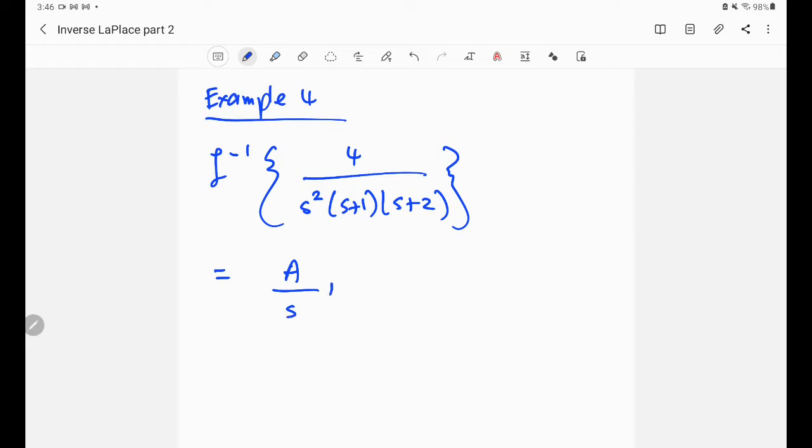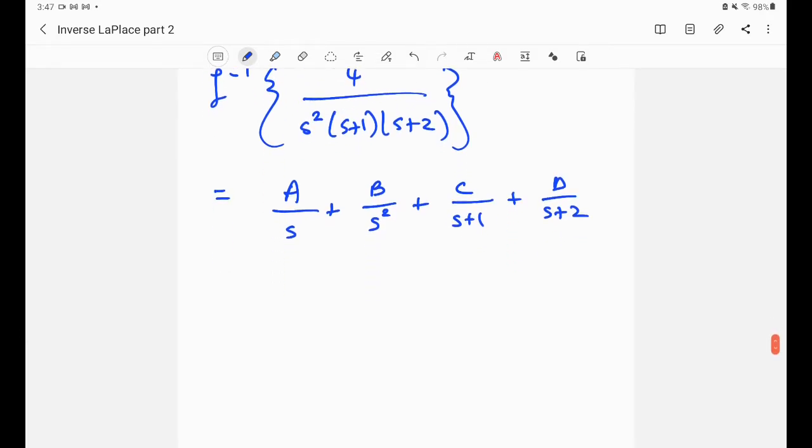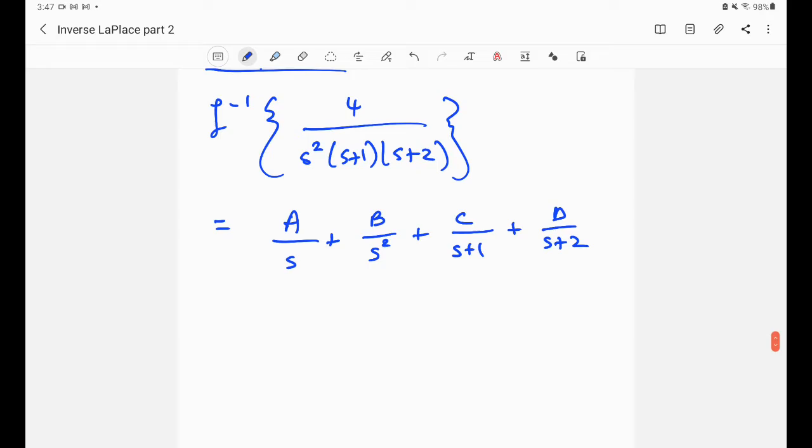We have A over s, B over s squared, C over s plus 1, D over s plus 2. With this method, you can use the long way of multiplying every A, B, C, and D with the denominators of the others to get the same denominator.